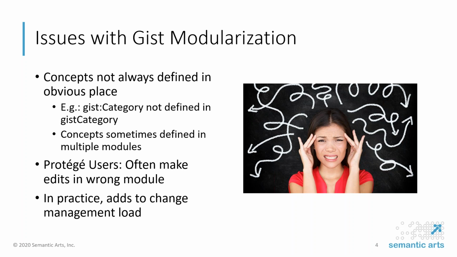Protege will show you things from every ontology, but there's a little pull-down menu at the top, and things will be in bold if you're in the right ontology. It's very easy to forget to move to the right ontology to make the change, and then you end up with axioms related to some concept in the wrong place, and you have to search and destroy that and try to fix it.